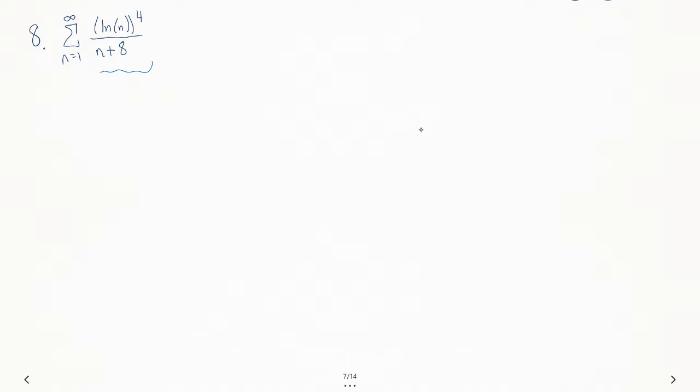So in this case, take the limit as n goes to infinity of just the terms of the sequence: natural log of n raised to the fourth power, divided by n plus 8. Then what happens? Well, you can use L'Hopital's rule here.